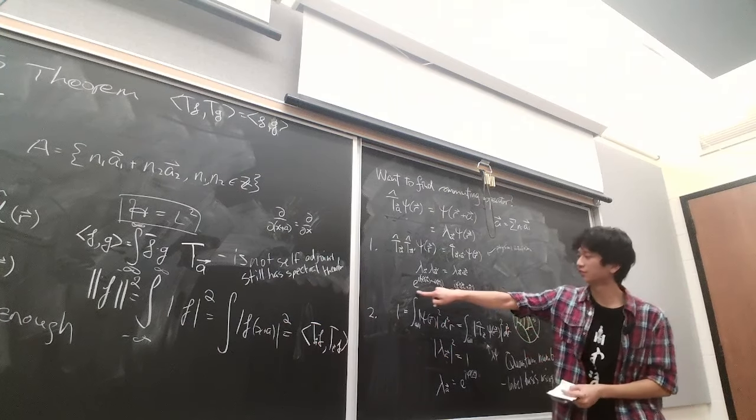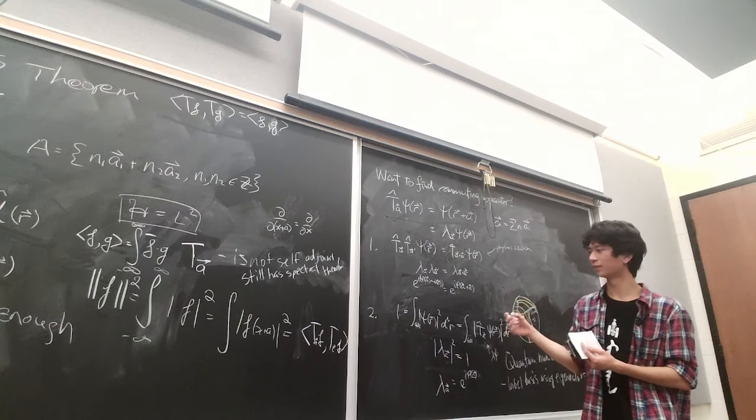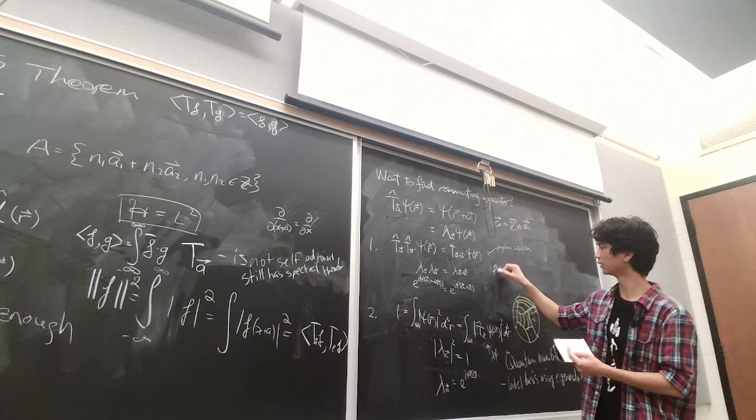So from this condition, we can see that phi is some linear function, right? If it's too small, I can write it bigger.